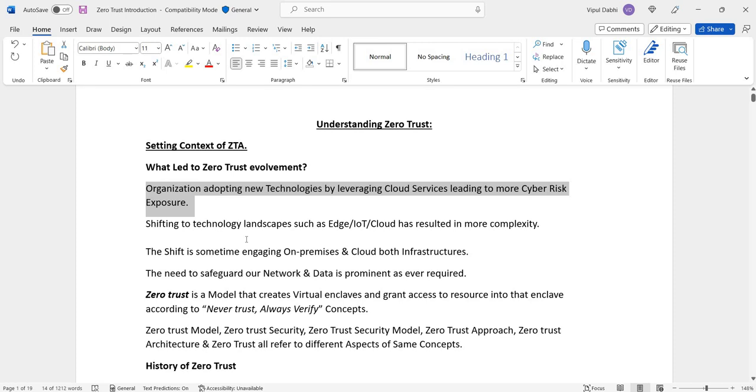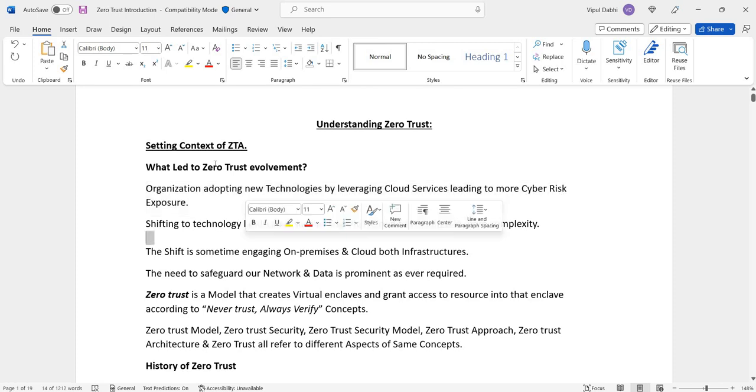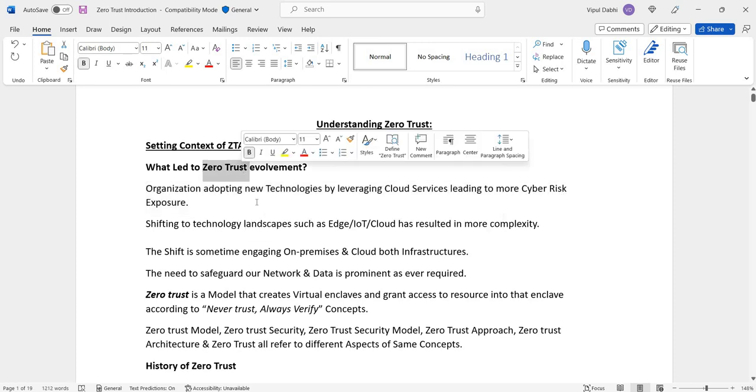When they go to cloud services, because cloud is a multi-tenant environment, correct? There is an increased risk of cyber exposure, and hence we need some technology enablement or enhancement on the cyber security side as well, which is this newer concept referred to as zero trust, okay?